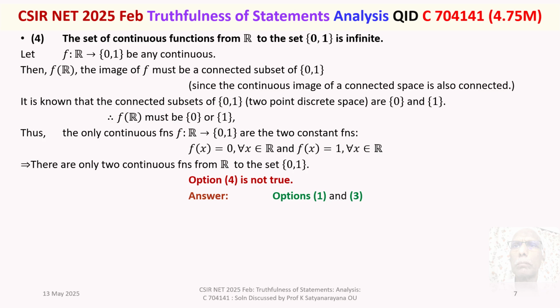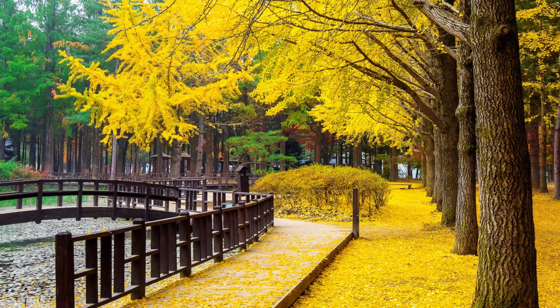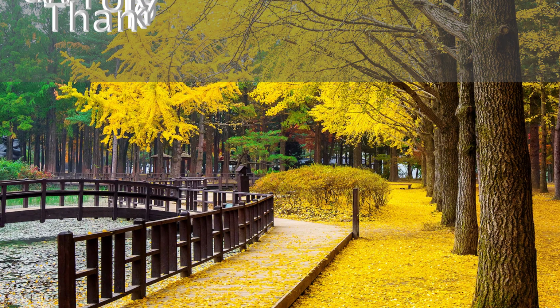And option 4 talks about the property of continuous functions from R to the 2-point space {0, 1}. So these are 4 different items he has given, asking us to find out the truthfulness of the statements. I am sure that you understood the solution of this problem.